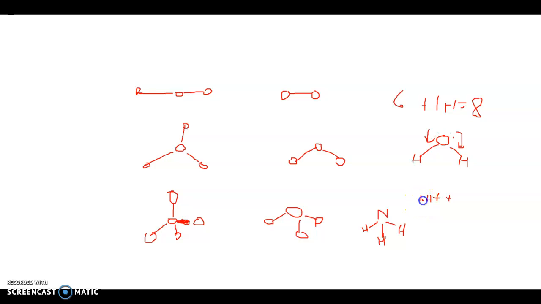Oh my God, it's awful. Plus 5 for nitrogen gives me a total of 8. I've got 3 bonds, so I've accounted for 6, so I've got 1 more. So this lone pair pushes these hydrogen atoms down into this shape.